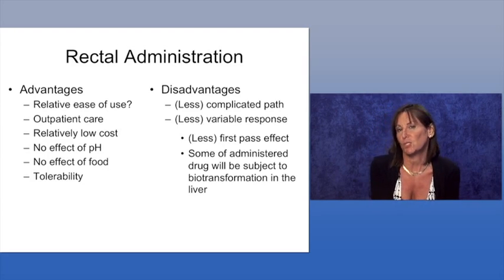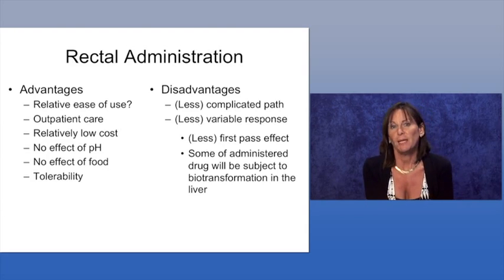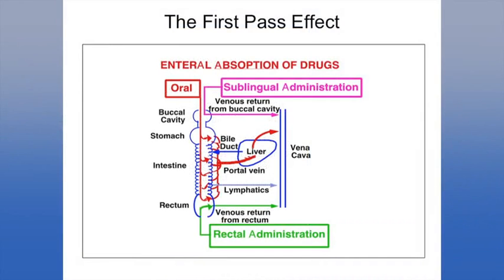So only some percentage of the drug will be subjected to biotransformation in the liver. So let's look at this same picture again, and now we're referring to suppository use, rectal administration. The vast majority of the drug is going to enter into the vena cava directly across the submucosa of the rectum.